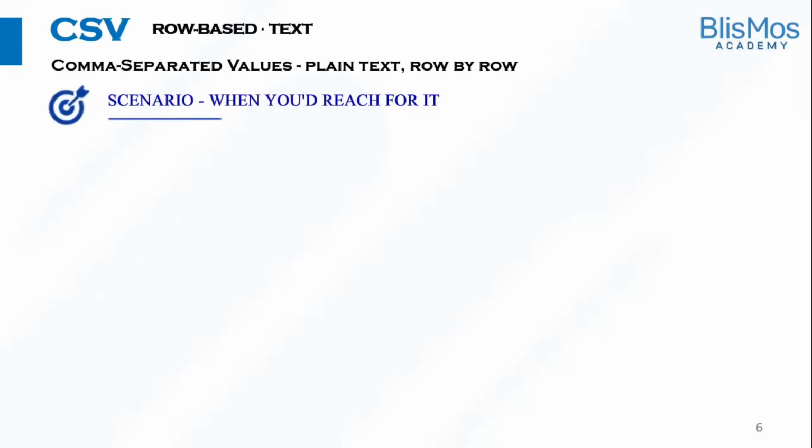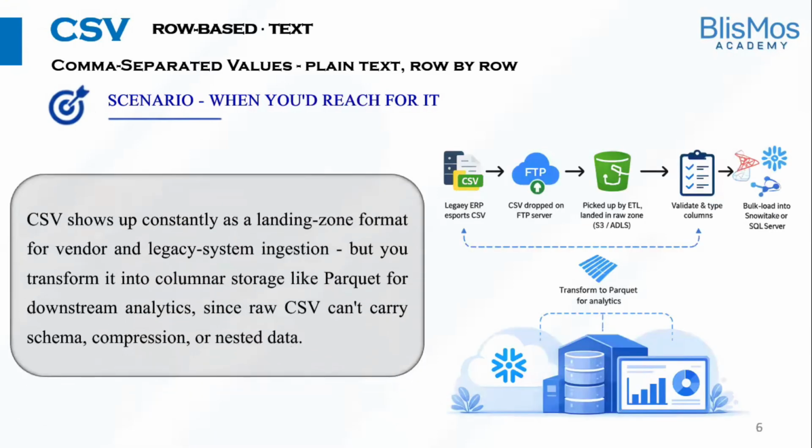Now, there is an important point. CSV is an excellent option for an ingestion or landing format, especially when you're receiving data from vendors, legacy applications, or external systems. But you don't necessarily want to keep your analytical data in CSV. The approach would be like this: the incoming data from the source system comes in CSV and lands in the raw zone, then the transformation takes place.